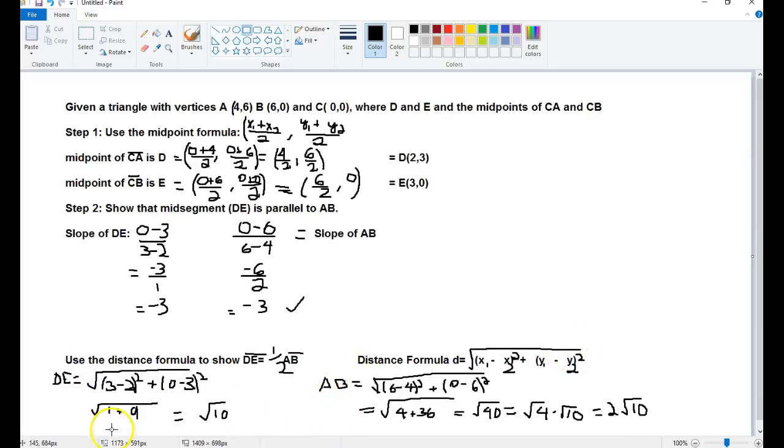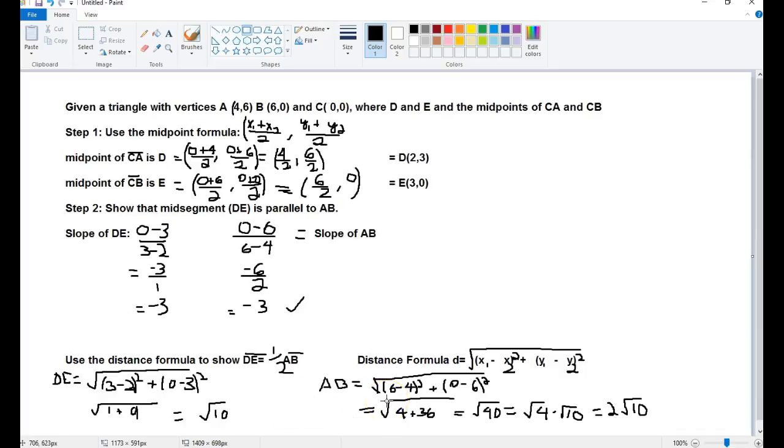So for DE, these 2 points, it's 3 minus 2 squared, plus 0 minus 3 squared. 3 minus 2 is 1, 1 squared is 1. 0 minus 3 is negative 3, squared is 9. 1 plus 9 is radical 10.